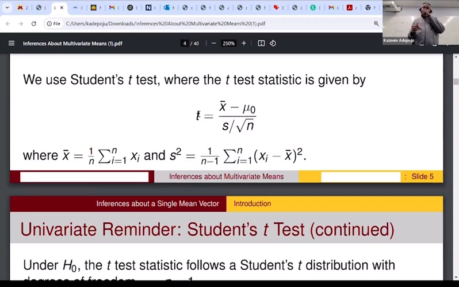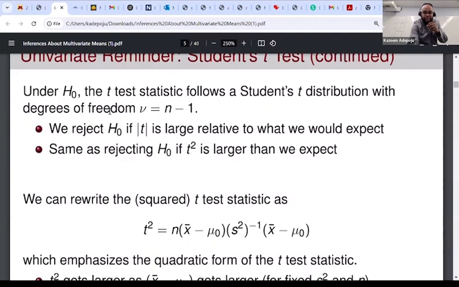I'll say that again: when the test statistic value is large, the p-value is going to be small. When the p-value is small, you are more likely to reject the null hypothesis. And that's exactly what I'm trying to talk about here.